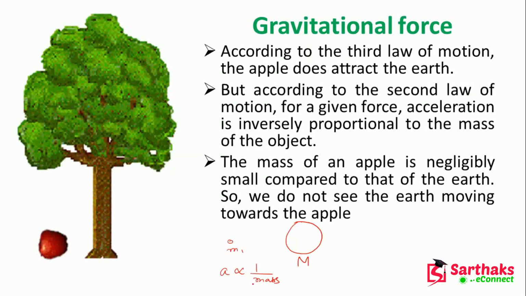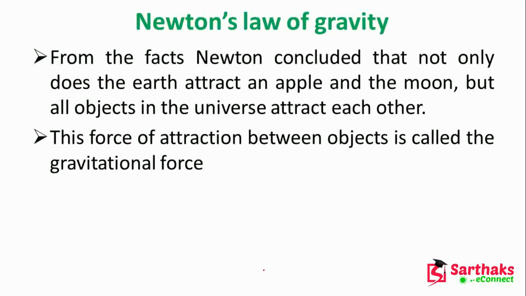So if the mass of the apple is negligibly small compared to the earth, we do not see the earth moving towards the apple. If you had an apple with a very, very high mass, then you might see some effect, but here it will not, because the apple has very negligible mass. Okay. So this is Newton's law of gravity.